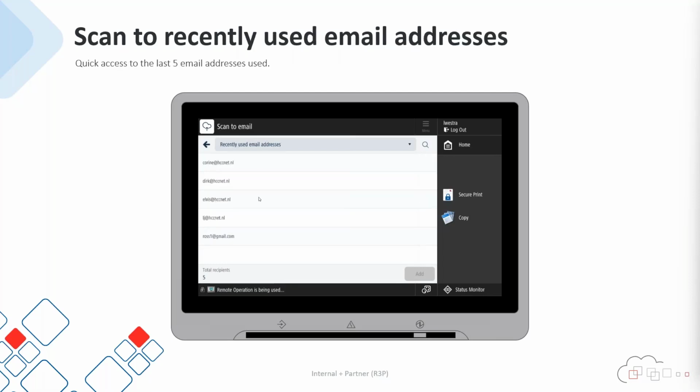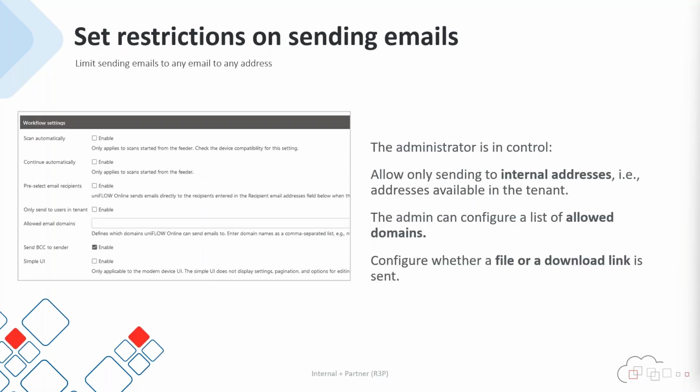For users' convenience, the scan to recently used email addresses feature, a nice mouthful there, allows quick access to the last 5 email addresses that were used. So again, in terms of saving time and productivity at the actual device, if there are some consistent email addresses that this user sends to all the time, at least the 5 of them will already be available.